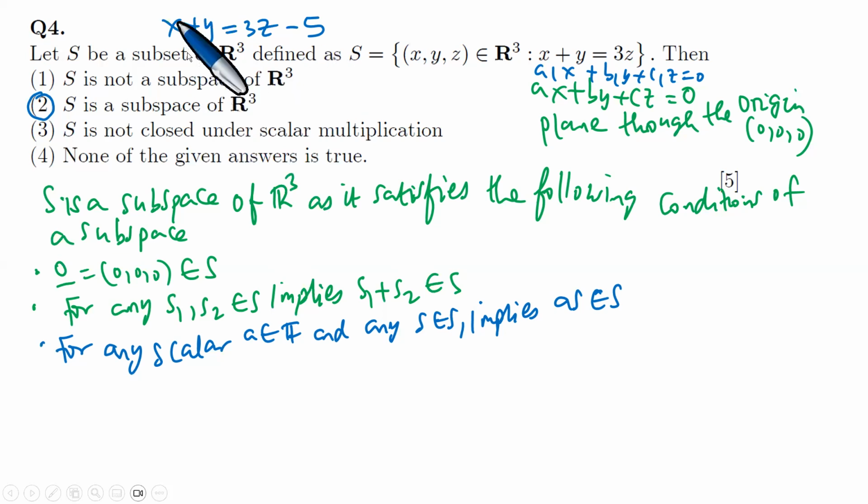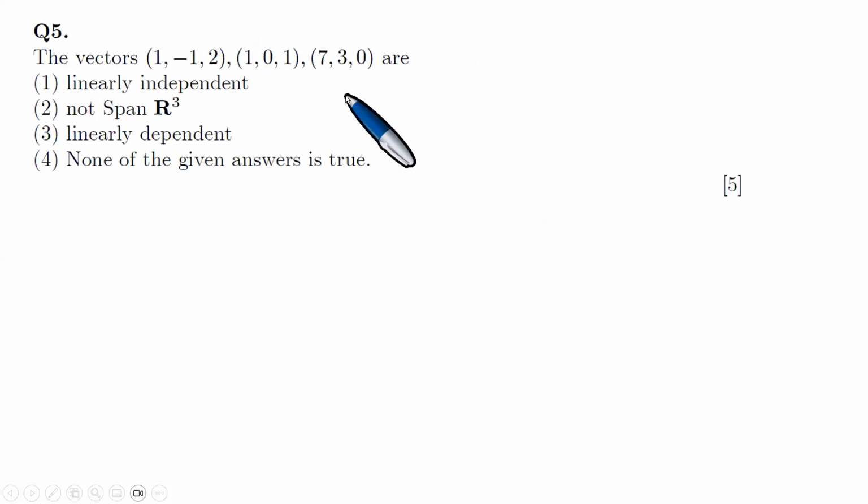If you put x, y, and z as 0, you'd have that 0 is equal to minus 5, which is not true. That would mean this plane does not pass through the origin. It's a plane passing through some other place in three-dimensional space, making this plane not a subspace.